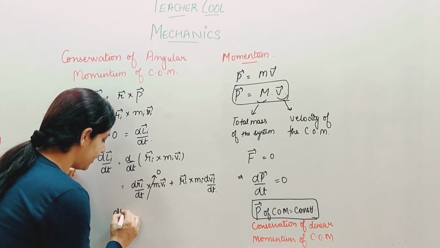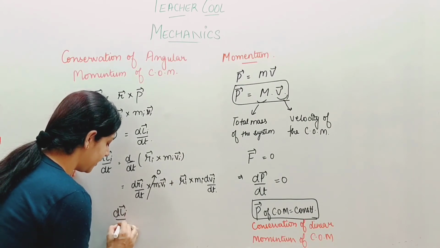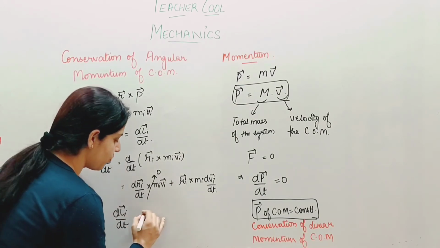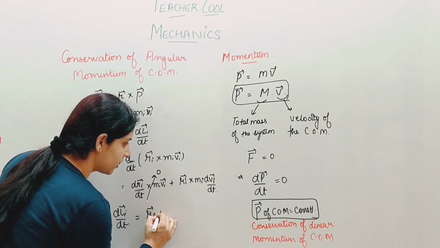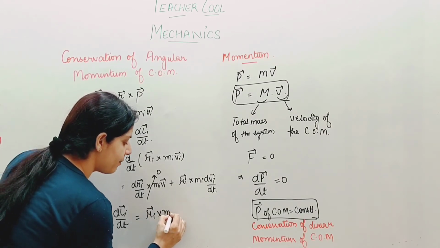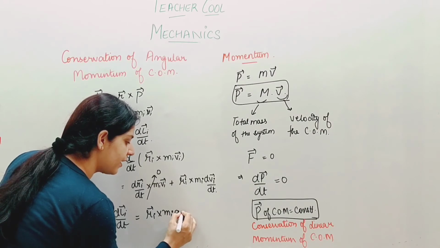So I will get dLi by dt is equal to Ri vector cross Mi into Ai vector.